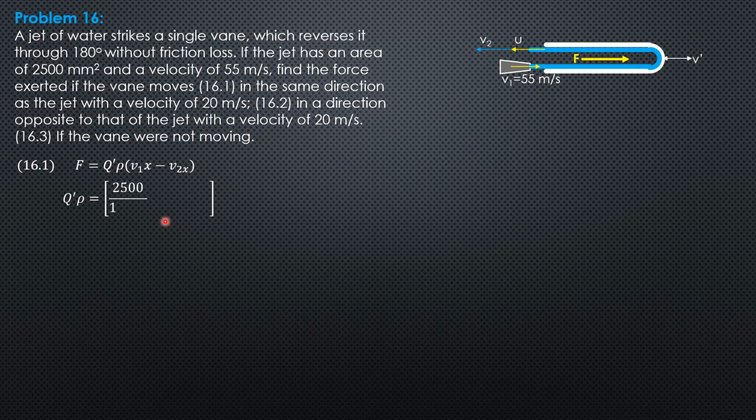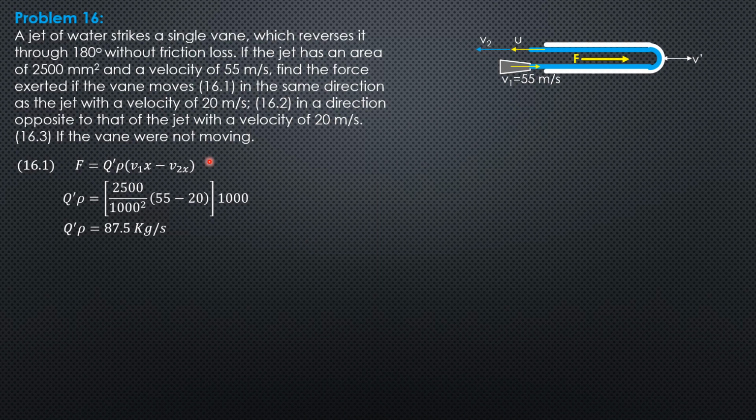So Q prime rho is area 2,500 over 1,000 squared to convert it to meter square, then V1 55 minus V prime or U, which is 20, then times 1,000 density. So Q prime rho is equal to 87.5 kilograms per second for the first part.